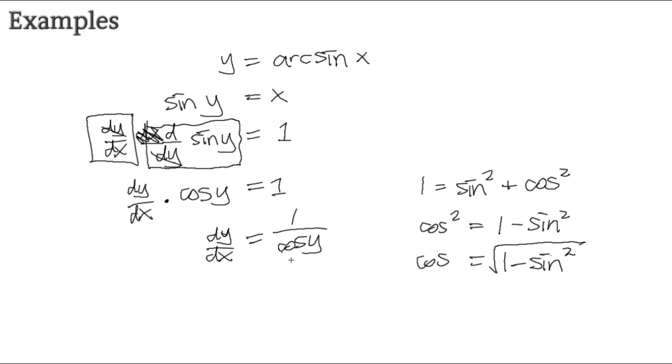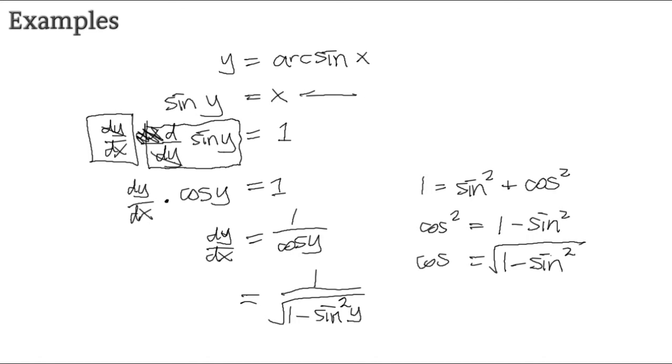If we substitute this in and keep the y in place, we have 1 on the square root of 1 take sine squared of y. And guess what sine squared of y is?